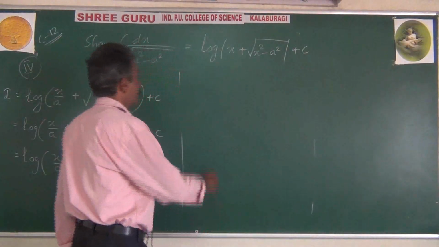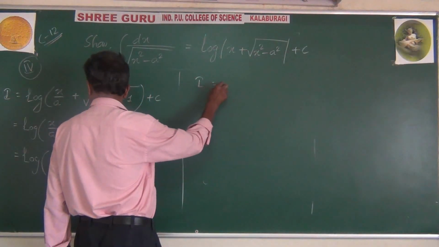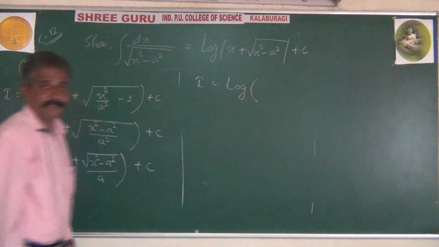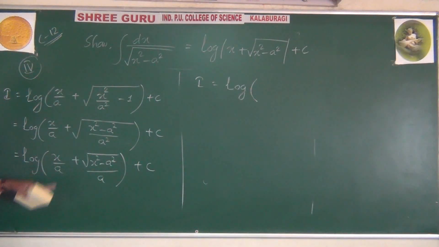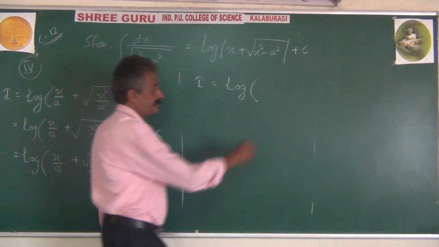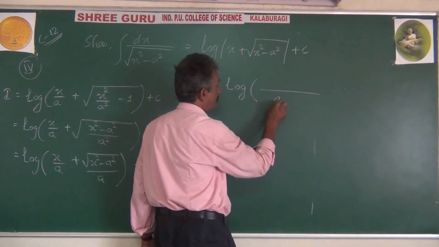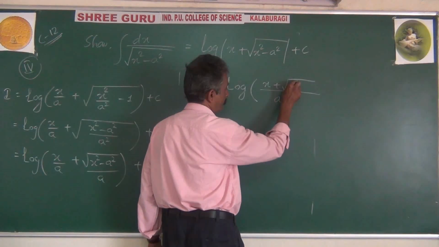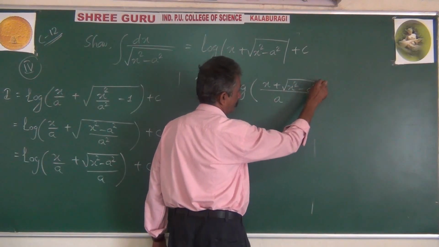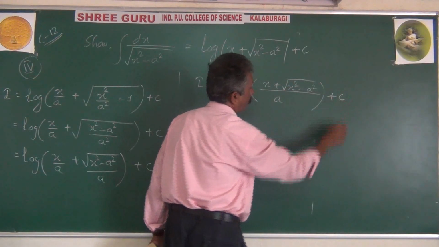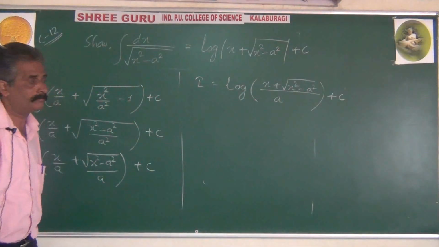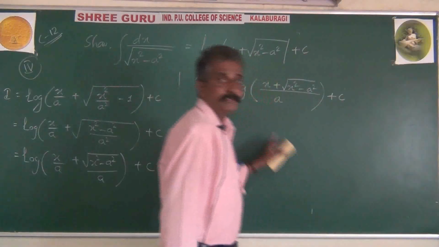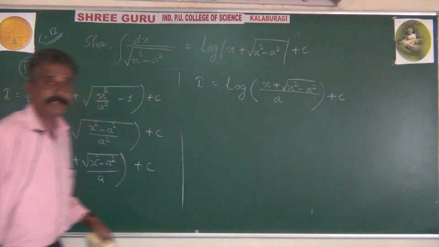Further steps, I equals to log bracket, inside bracket LCM a. After LCM a, in the numerator we get x plus root x square minus a square, plus constant c. Now it is just like log of m by n.